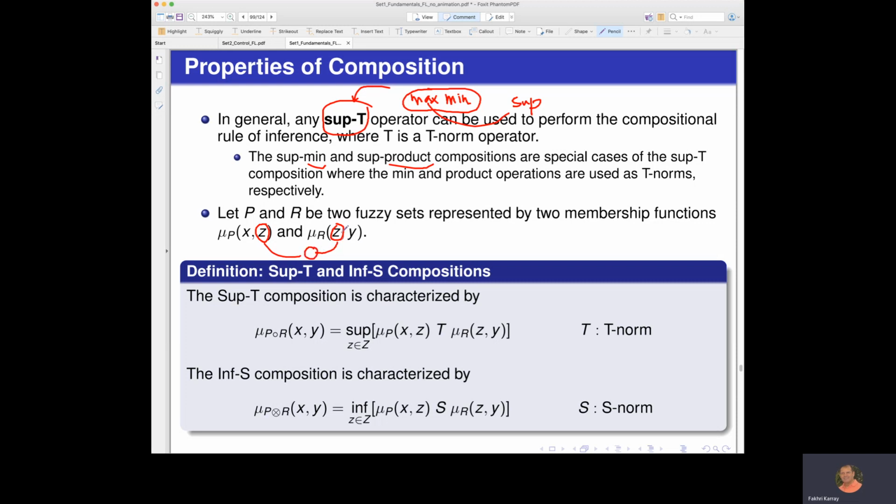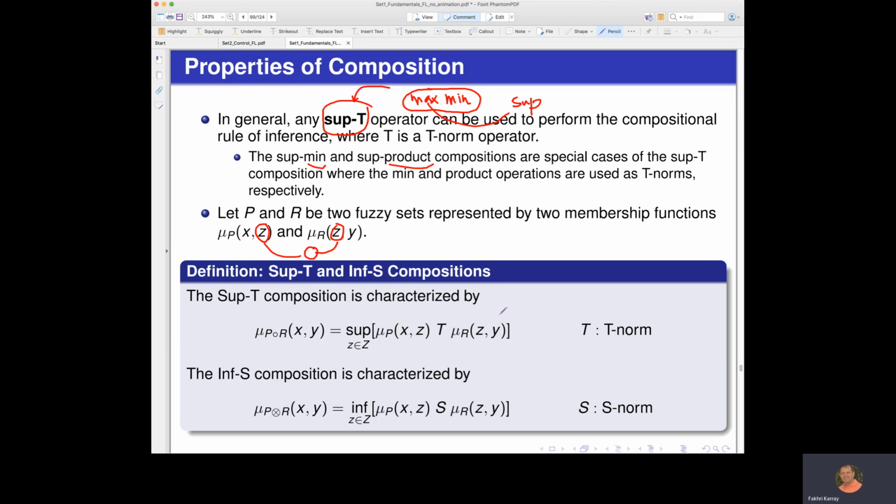So there has to be commonality between two elements. And the commonality means that this is the consequent for this particular relation, and this is the antecedent. So when you are fusing two relations, the consequent of the first relation has to have the same dimension and the same variable as the antecedent of the second relation. That's one of the major requirements for doing these compositions.